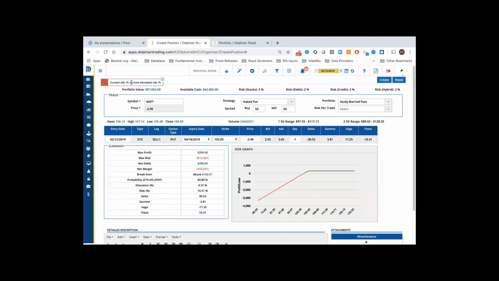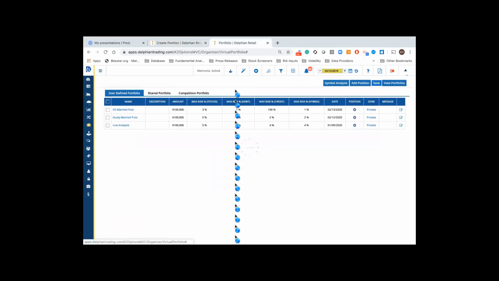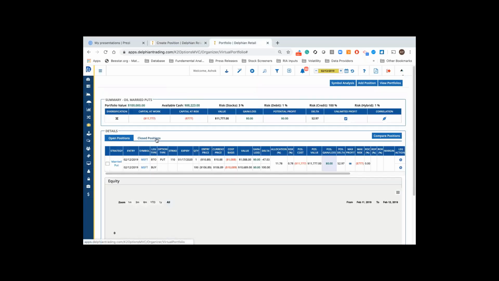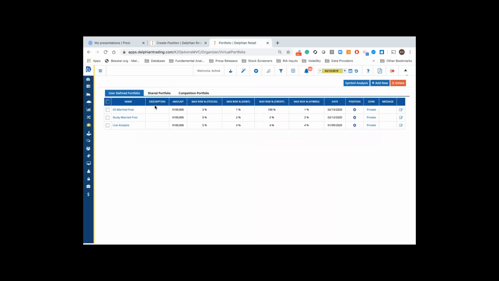Oh no, current risk percent is allocated. Oh, okay. What is allocated risk? Why are you in the oil married put? No, that's just a name. Oh. Oil married put is a name.